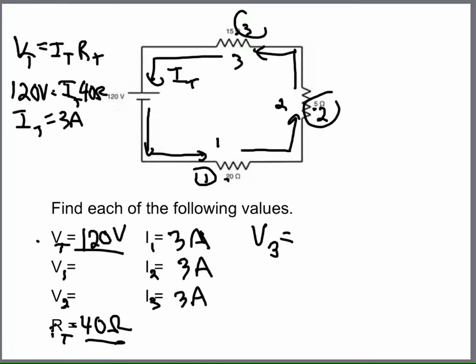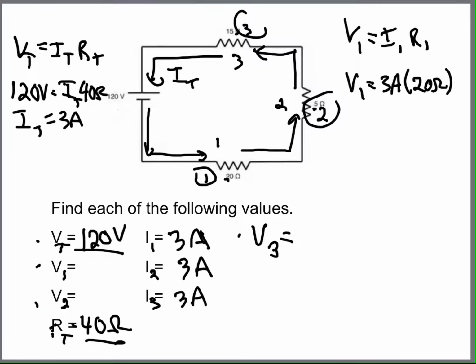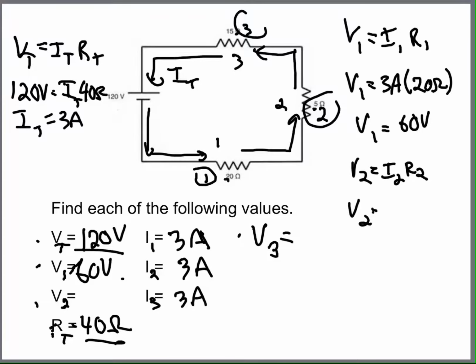Now, in order to find the voltage drop across 1, 2, and 3, we're just going to do V1 equals I1R1. I1 is 3 amps, and R1 is 20 ohms. So V1 is going to be 60 volts. Then we're going to do V2 equals I2R2. It's the same 3 amps, it's the same everywhere.